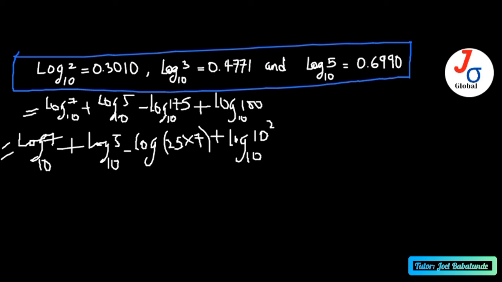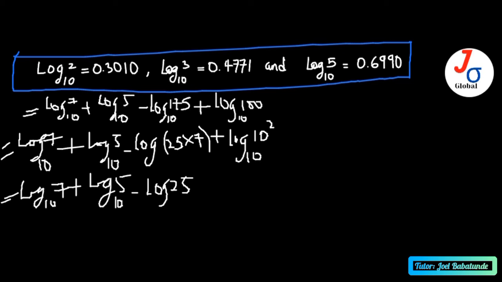And so I have log 7 plus log 5 base 10, then minus log 25, minus log 7, and this 2 comes to the front, 2 log 10 base 10.